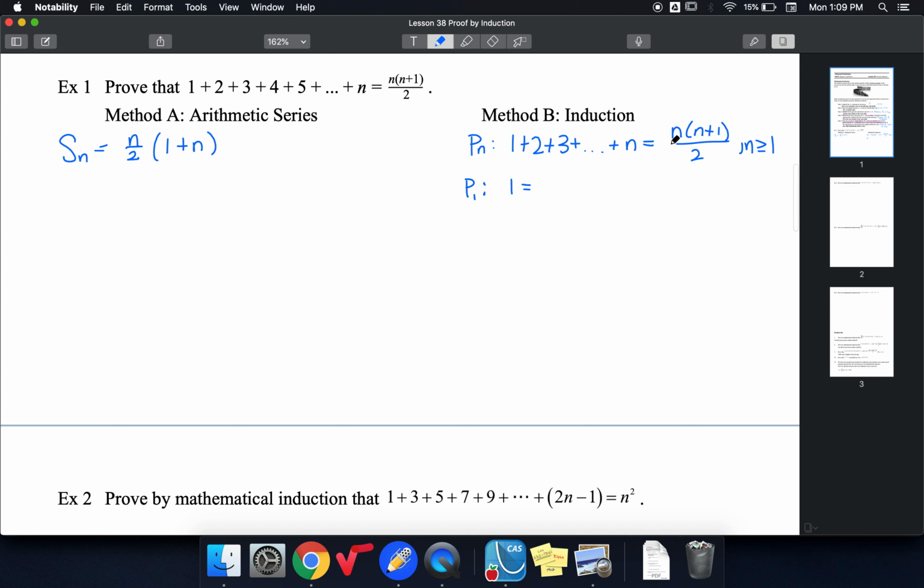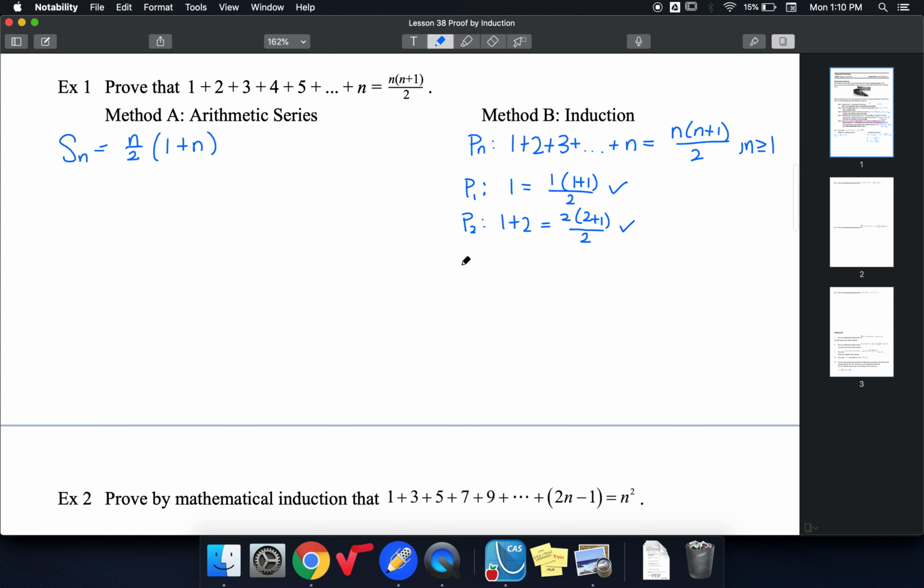On the right-hand side, we'd have 1 times 1 plus 1, divided by 2. That's 2 over 2, which cancels, so that checks out. If I want to verify it for myself, I could even keep going. P sub 2 is going to be 1 plus 2, and then 2 times 2 plus 1 over 2. Again, that cancels, I've got 3 left. 3 equals 3.